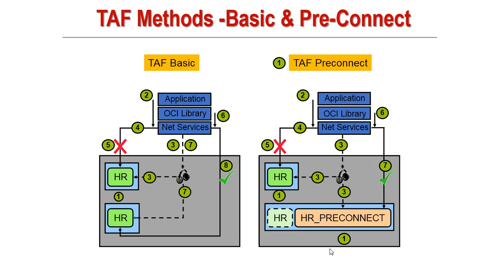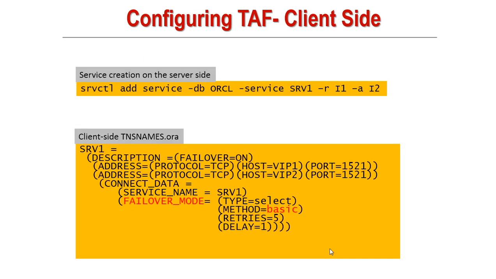That is a bad factor, because if the client waits to get the retries done, it simply delays the reattempt, or the attempt to go to a different node. This is the reason something else was needed in comparison to TAF.